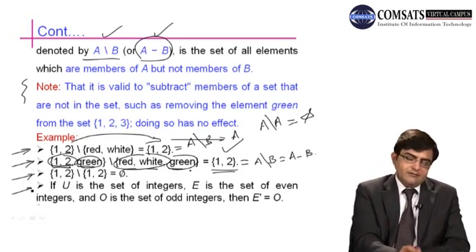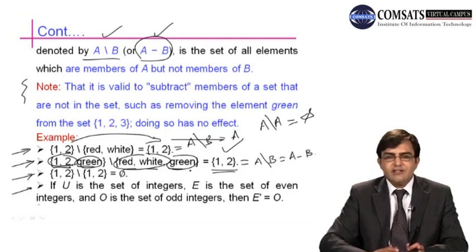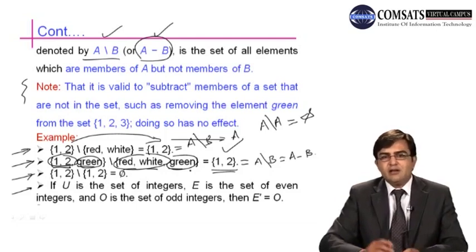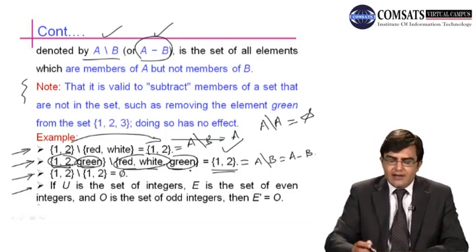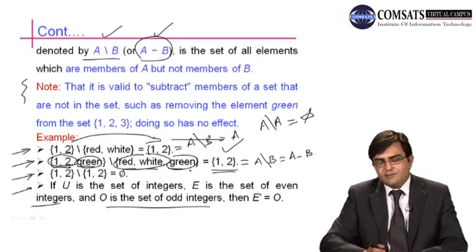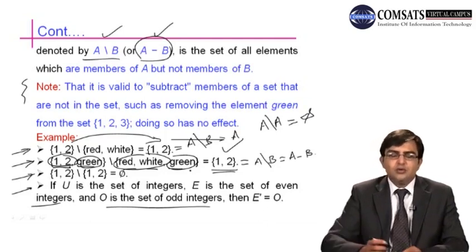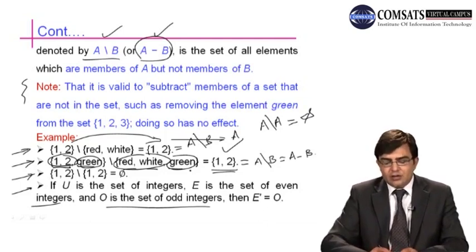In the next example, U is the set of integers, which contains positive integers, negative integers, even numbers, odd numbers, and E is the set of even integers, O is the set of odd integers. Then E complement is O. You have already studied the complement of a set with respect to the universal set.